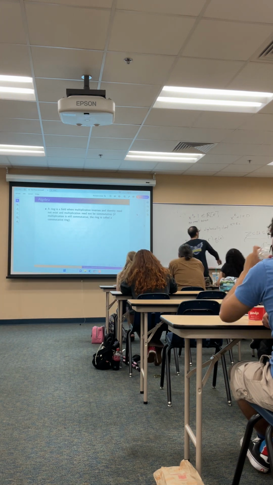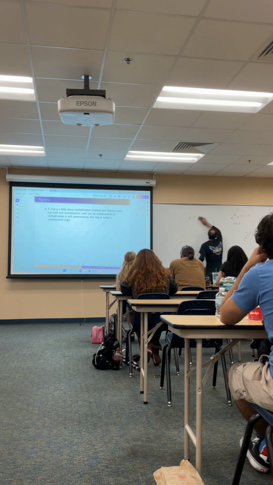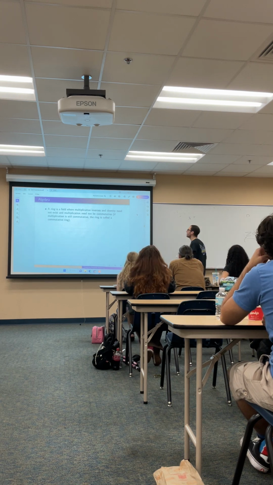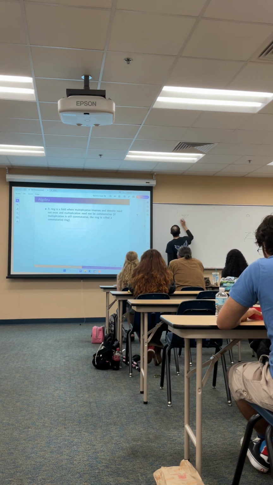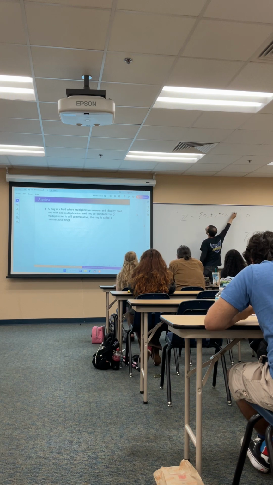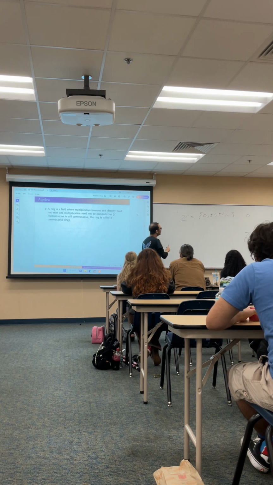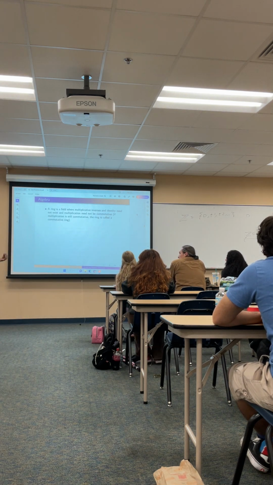So for example, probably the most familiar example of a ring which is not a field is the integers. The set of integers, right? 0, plus or minus 1, plus or minus 2, and so on. That is a commutative ring under the regular operations of addition and multiplication.